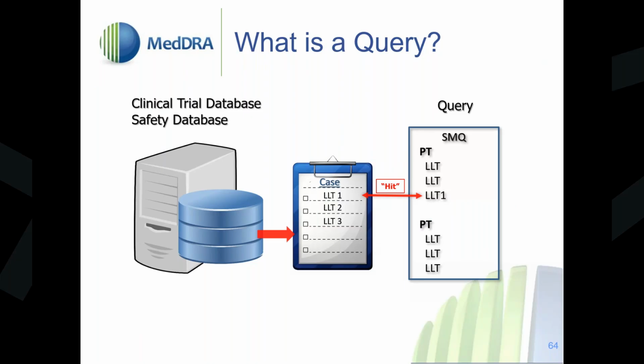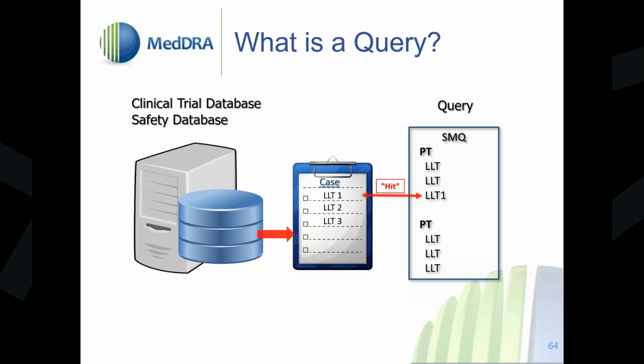I'll have them as a collection in a query, and I'll run that query against my database. And if any of those LLTs are a match to LLTs subsumed under the PTs I selected, I will have a hit. And that's how standardized MedDRA queries work.